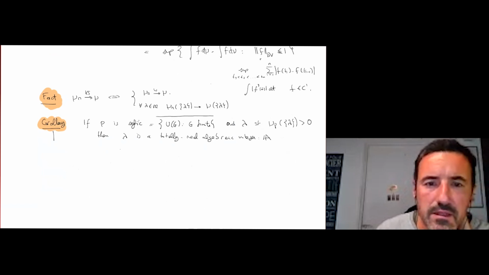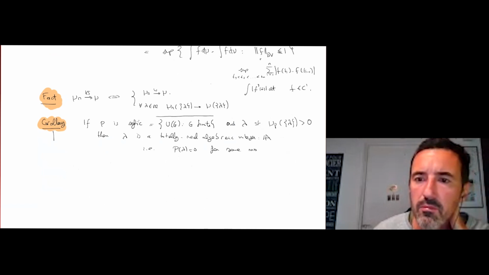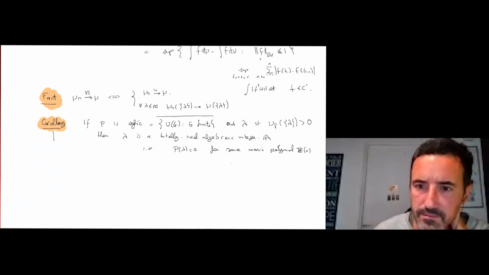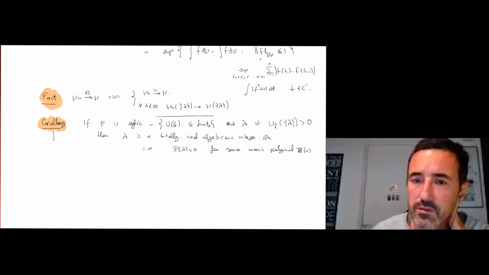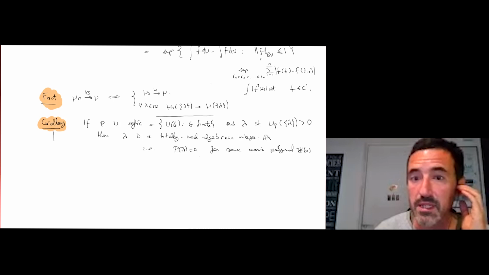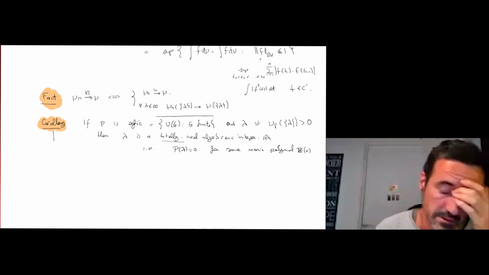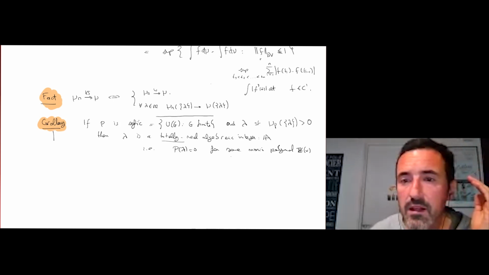It means that P(λ) is 0 for some monic polynomial P in Z[X] with integer coefficients, that is the algebraic part, and totally real means that all other roots of P, all Galois conjugates, are real.